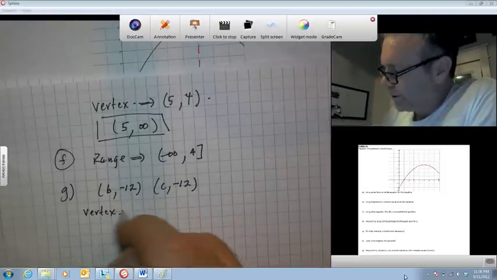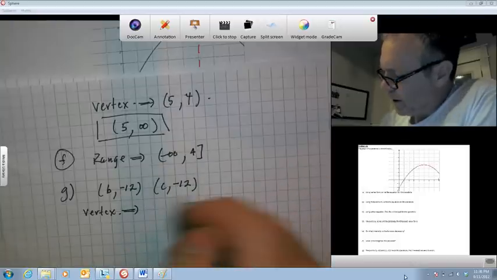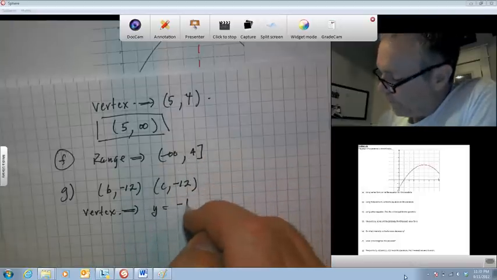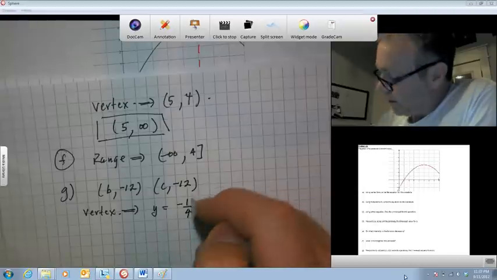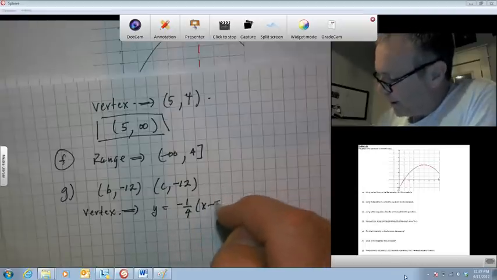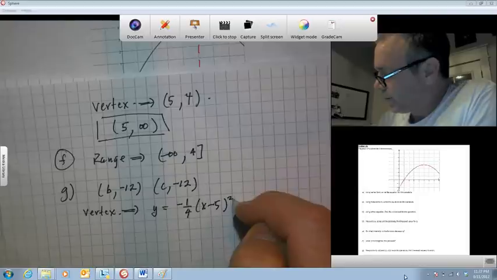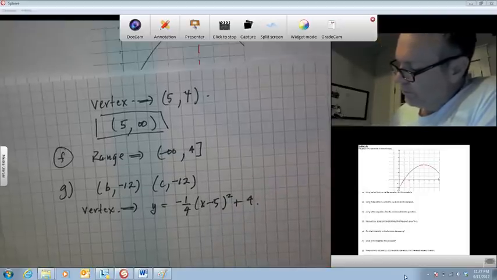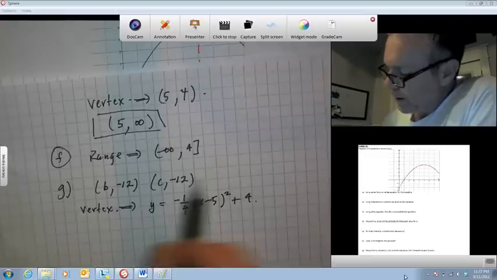So let's use the equation again from the vertex form, which is y is equal to negative 1/4 times quantity x minus 5 squared plus 4.